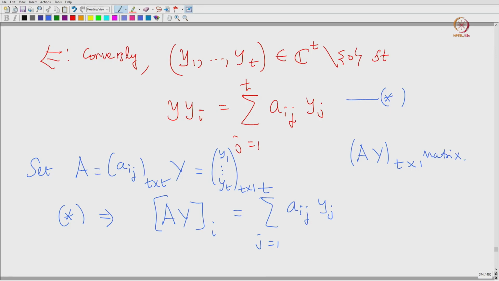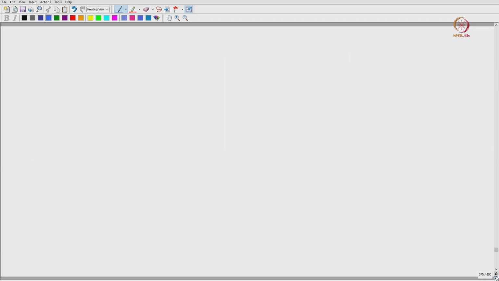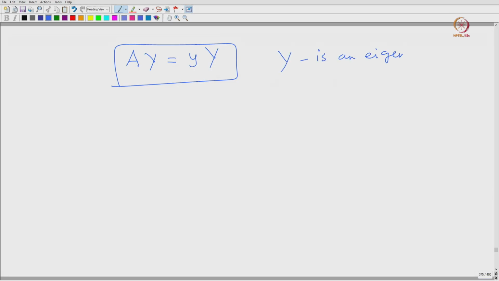The ith entry of it is exactly given by this summation a_ij y_j, which by star is exactly y y_i. That means this is exactly y times the ith entry of this vector Y. So, this is simply rewritten as follows: A Y is given by y Y. That means capital Y is an eigenvector for the matrix capital A and small y is the eigenvalue.